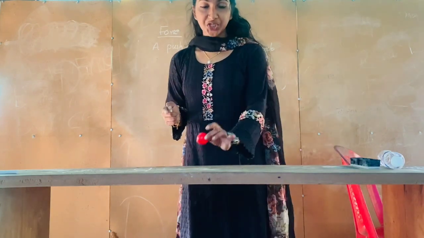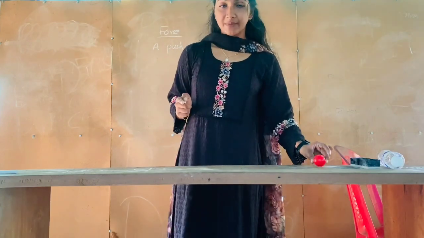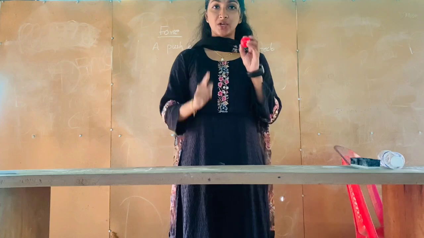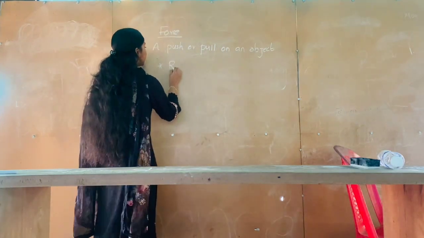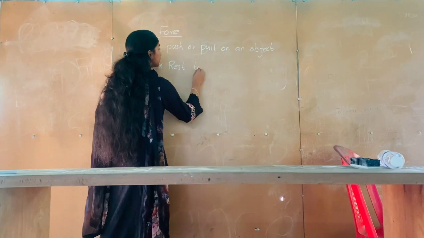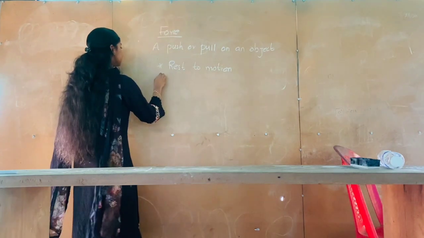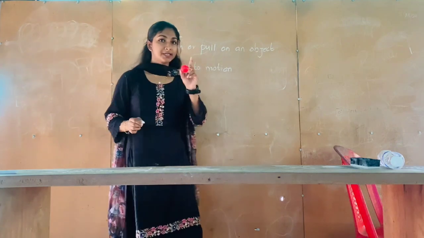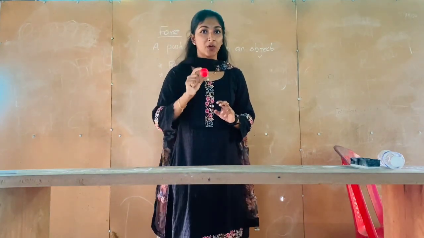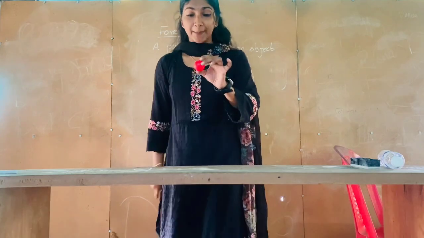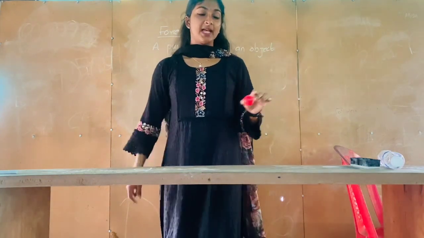That is, it changes its state from rest to motion. This is the first effect of force. That is, on the application of force on an object, we can set a body at rest into motion.